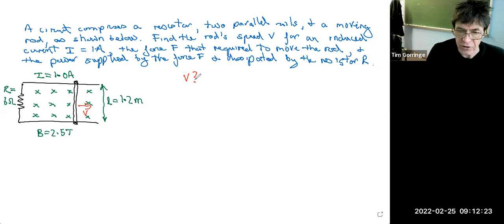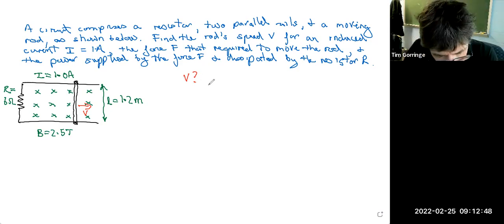That tells us that there's a changing magnetic flux through the circuit to create that induced EMF. And that changing flux is related to the speed, V, of the rolling rod. For example, supposing the rod wasn't moving, there would be no induced current or EMF or changing flux in the circuit. So let's follow that chain.